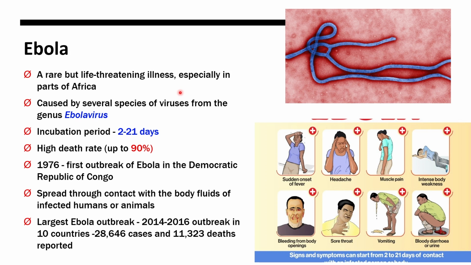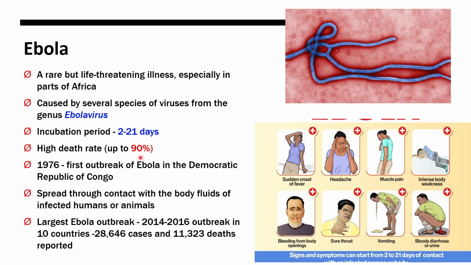Ebola is the best example of a hemorrhagic fever. It's a very rare but life-threatening illness, first found in different parts of Africa. It is caused by several species of Ebola virus. The incubation period is usually 2 to 21 days, but the death rate is up to 90%.